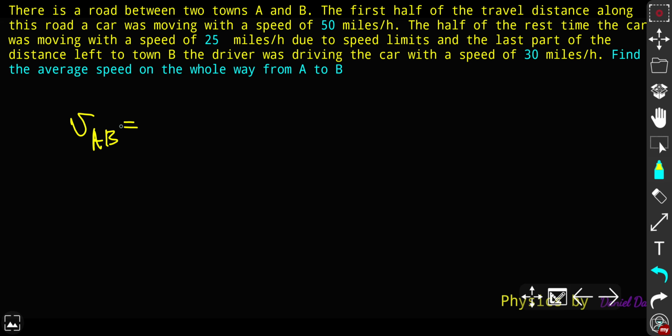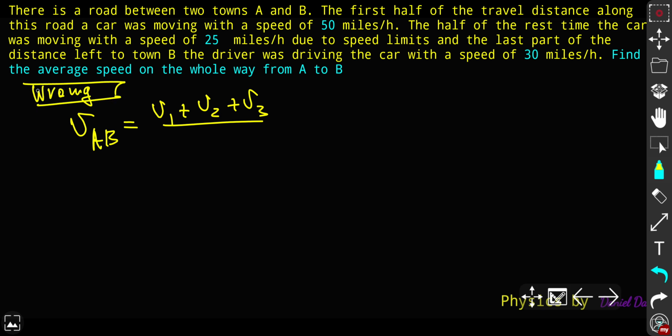In that case, you'll have a coincidence, or probably different values for the speed, so that by chance or accidentally you'll have the same as the arithmetic mean. But let's do that quickly. So V1, V2, V3. This is the wrong way, and I definitely highlight that so that you don't repeat it, but this is just a quick check.